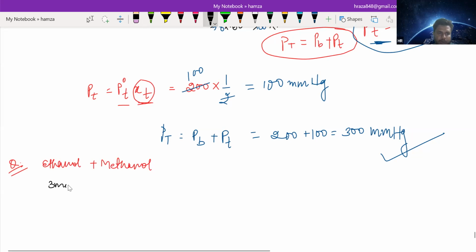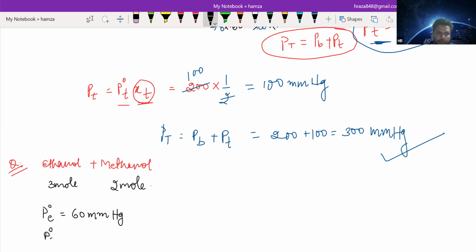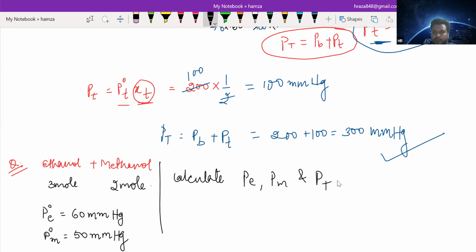Ethanol has 3 mole and methanol has 2 mole. Also, it is given that pure pressure of ethanol is 60 mmHg, and pure pressure of methanol is 50 mmHg. This is the question given. Now, calculate partial pressure of ethanol, partial pressure of methanol, and total pressure or pressure of the solution. This is 3 parts you have to solve. Let me know if you have any doubt. Can you solve it?